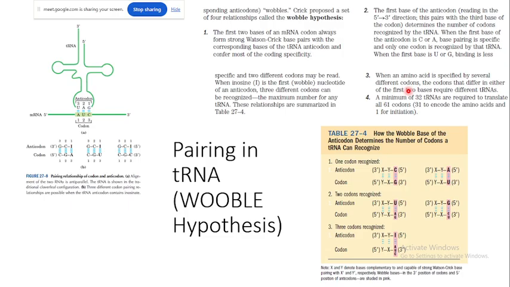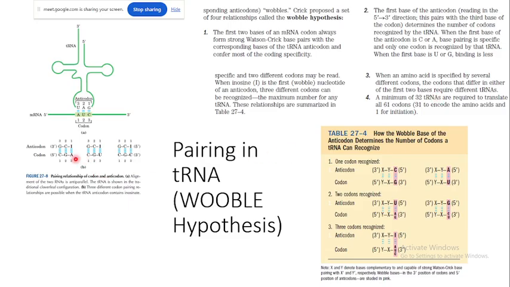So when an amino acid is specified by several different codons, which we saw in the codon chart, the codons that differ in either of the first two bases require different tRNA.